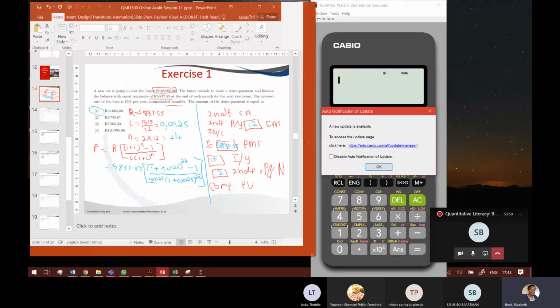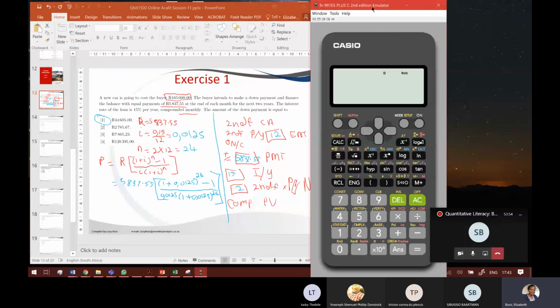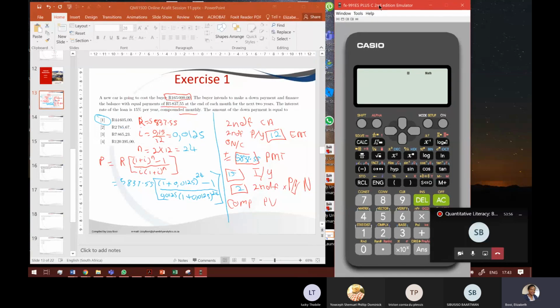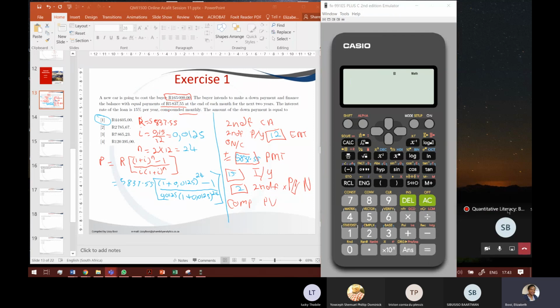Okay, so if your calculator looks somehow like the one I have here, then we are going to be talking the same language. Does your calculator have this fraction button?